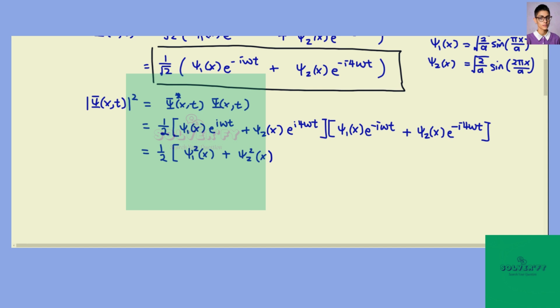These two terms have no time dependence. Then you have psi 1 psi 2 e to the minus i 3 omega t, and you also have psi 1 psi 2 e to the i 3 omega t.